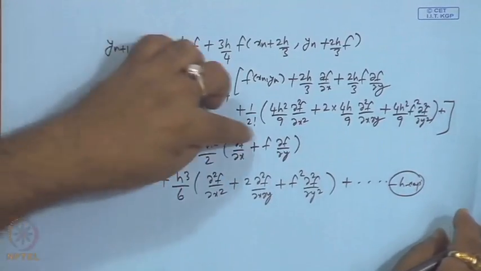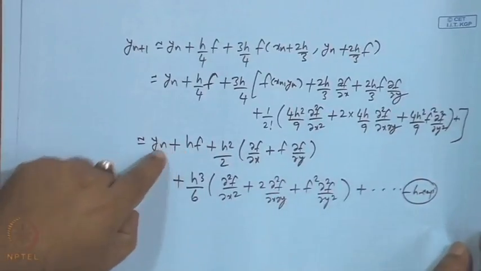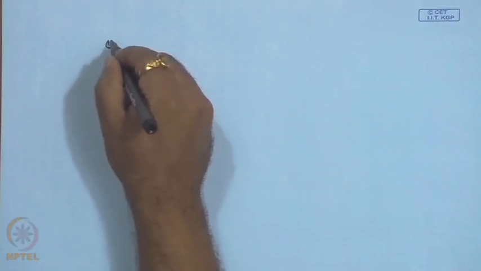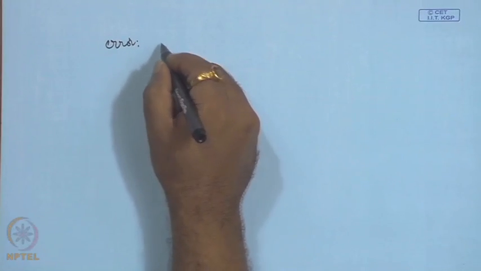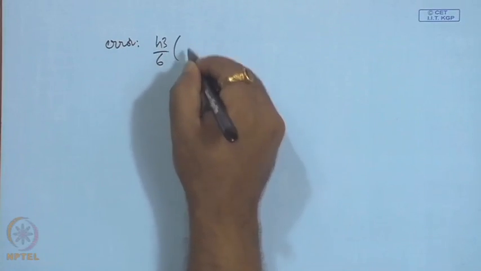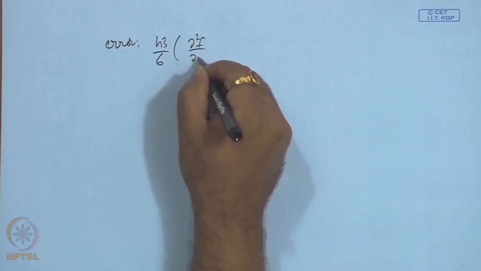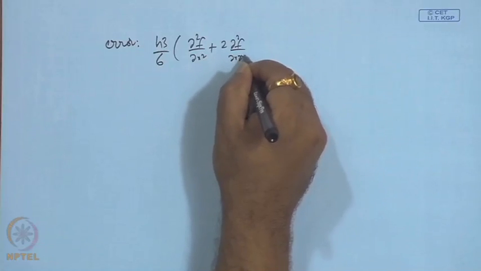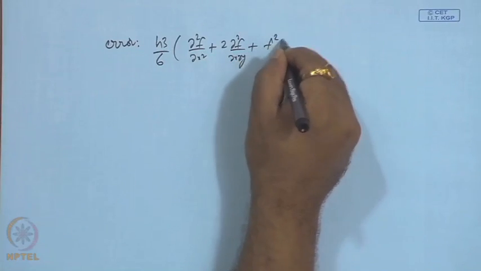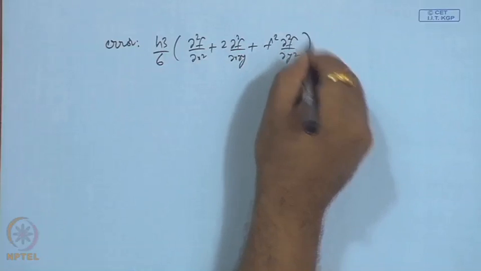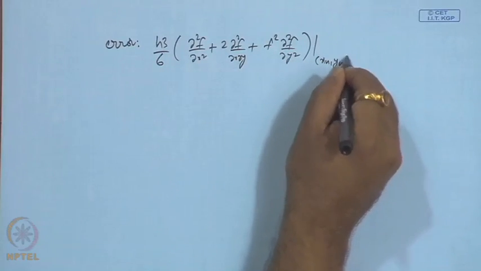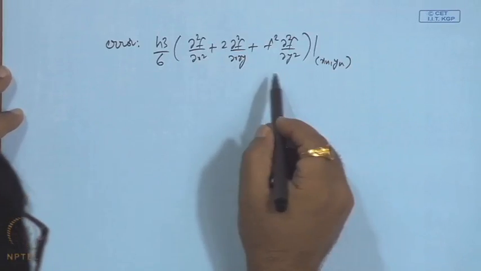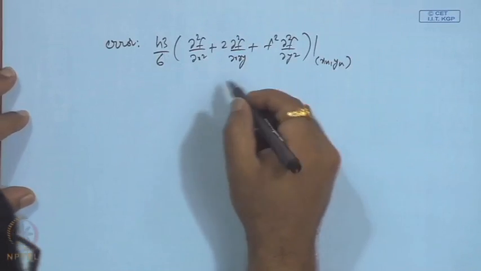So, if you make equal the coefficients of h power 0, h power 1, h square, then we get the error starts from... Okay. So, for any method we try to determine using this way.